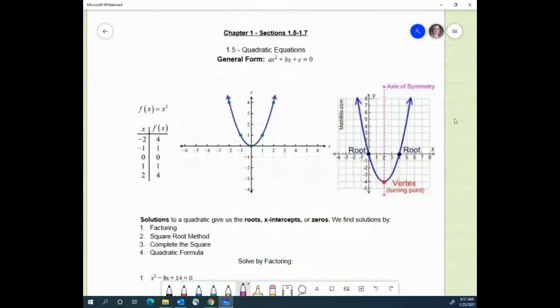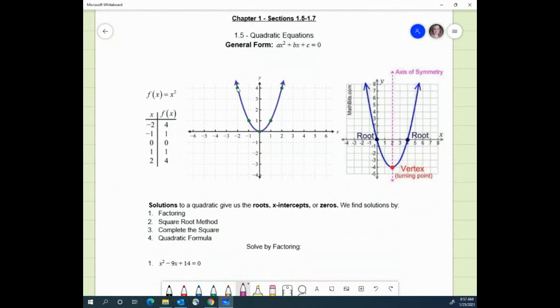Okay, and then if we look at the graph, we've seen this U shape before. Remember, this U shape is called a parabola. That's the shape of the graph. And it is symmetric. This is called the parent function.